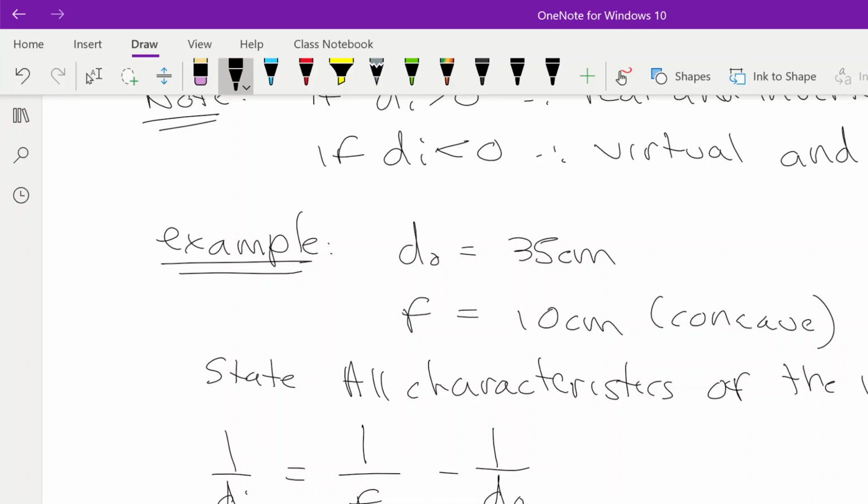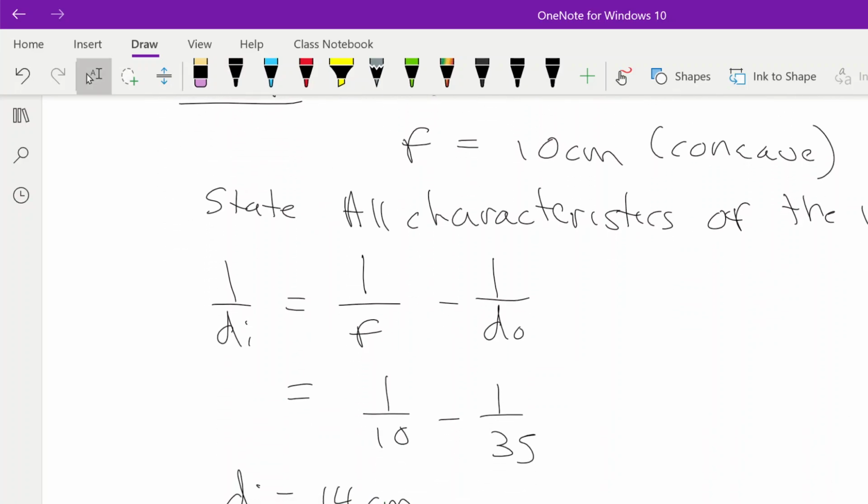Remember how the 4 characteristics are SALT? L stands for location in that acronym. But now I can do even better than that. Now that I have a positive number for di, therefore the image is real and inverted.